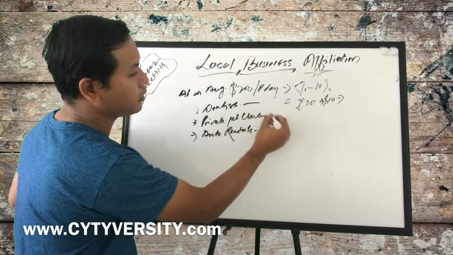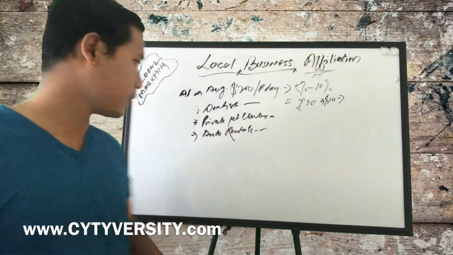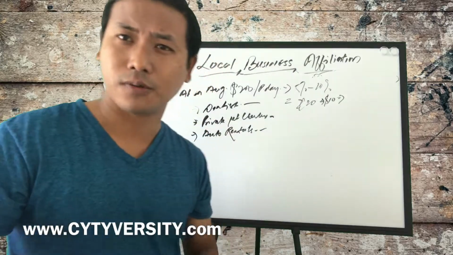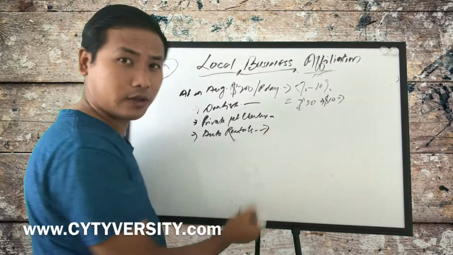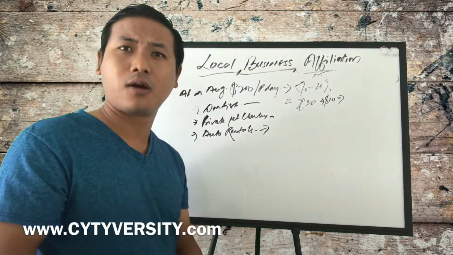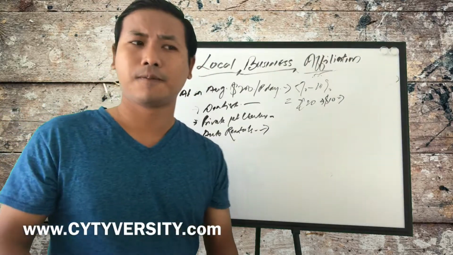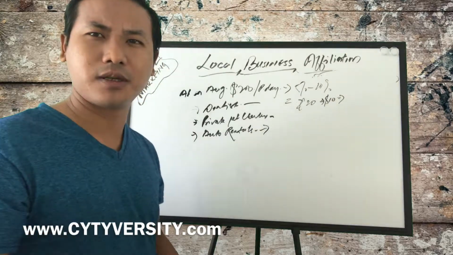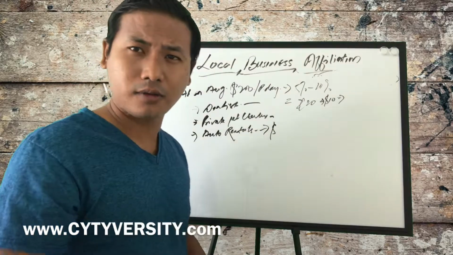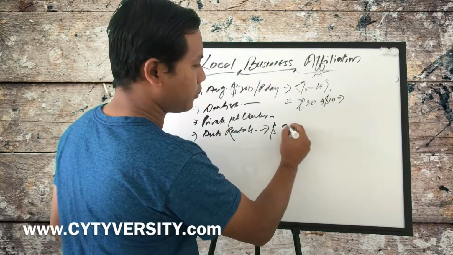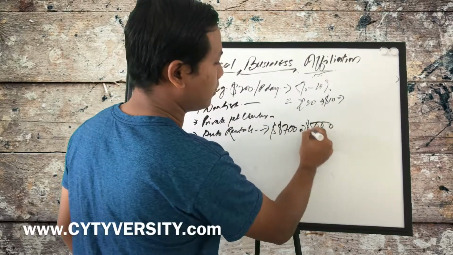So, for example, let's take these three: a dentist, private jet charters, and auto renters, like car rental. Usually, if these guys have a Porsche, a Ferrari, a Lamborghini, or any other car that is quite expensive and luxury, on average they give out a rental between $700 and up to $5,000, right?